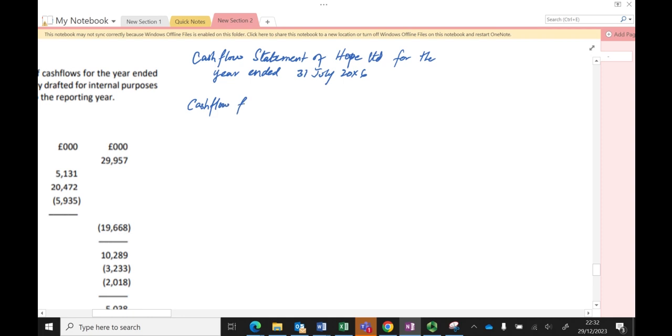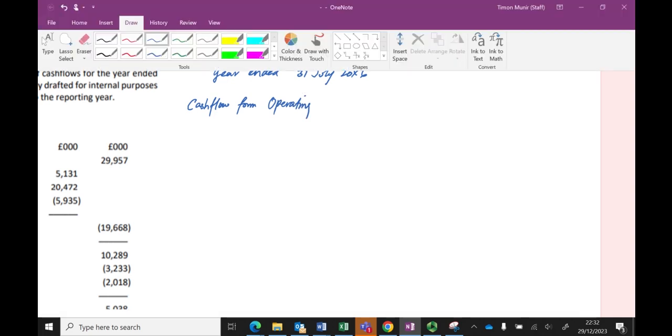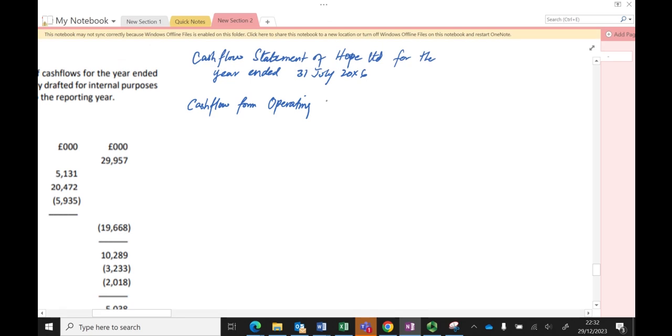Cash flow from operating activities will be my first heading. Profit before tax.